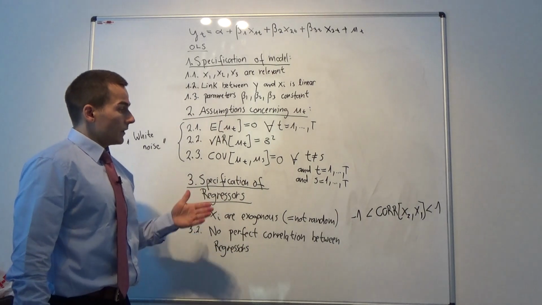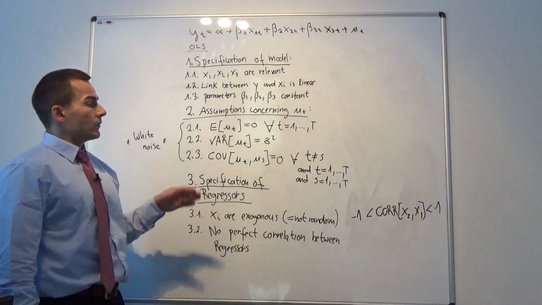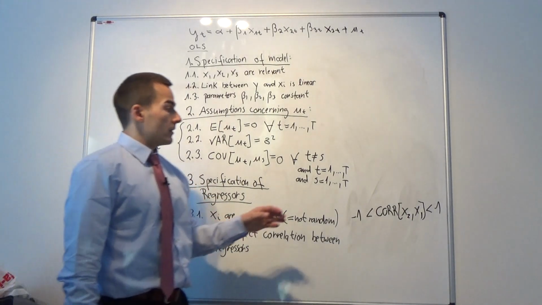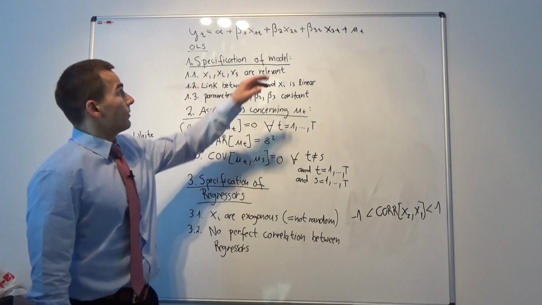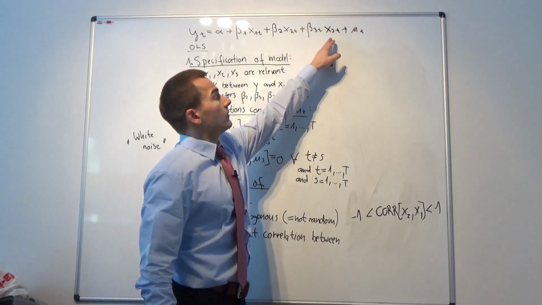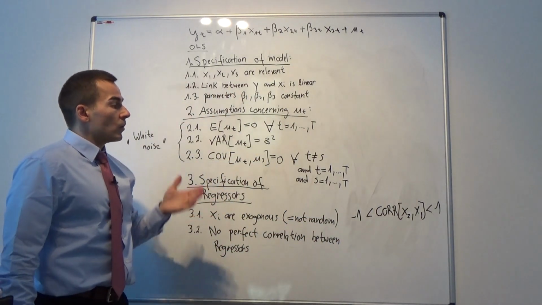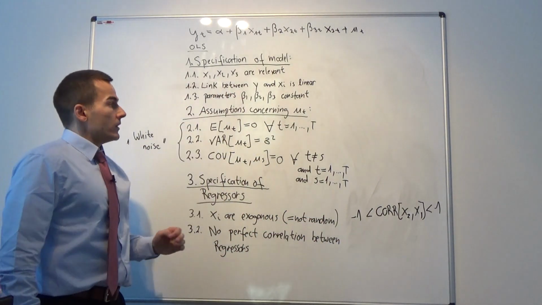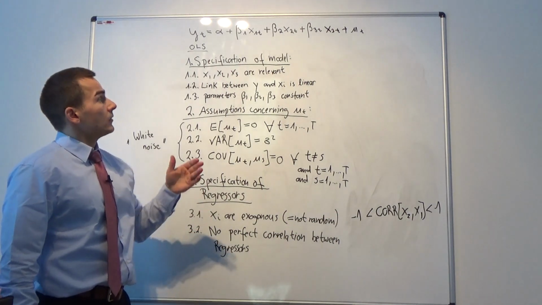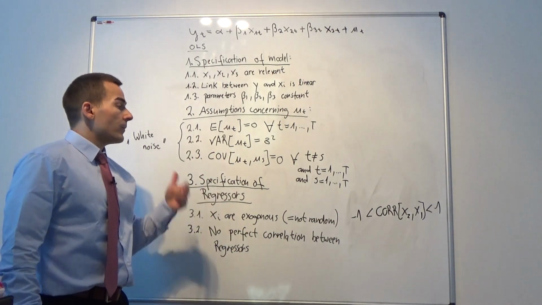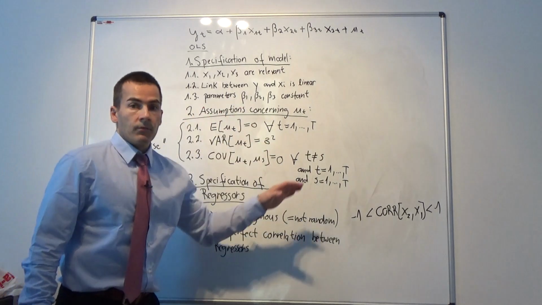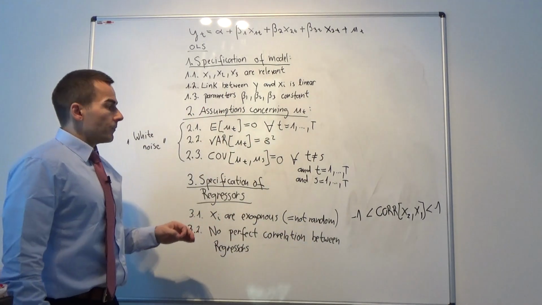And obviously it wouldn't make sense anyway if the correlation were 1. It means that these two are exactly the same. This is something that we do not allow for when deriving this model, because this would be, first of all, redundant, and second of all, we could not derive our point estimator.